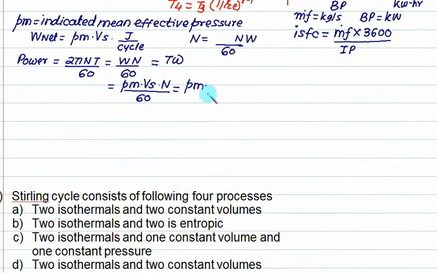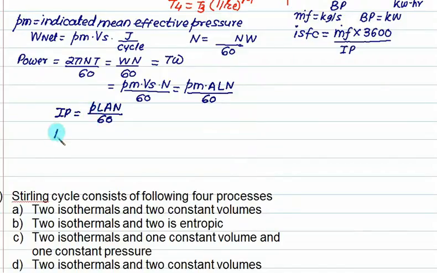So if I write A for area of cylinder and L for stroke, it is PM L A N by 60. Now this is a very commonly used formula, represented by PLAN by 60. PM is mean effective pressure.